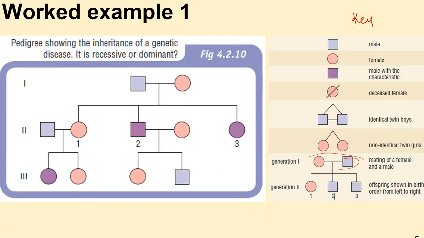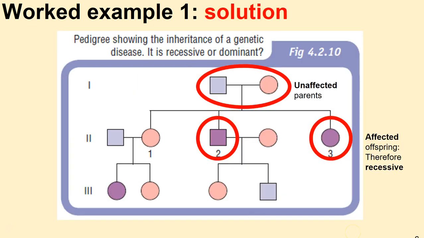If we want to figure out if it's recessive or dominant, there's a couple of stages that we follow. We can see here that the parents are unaffected, but they have two offspring that have been affected. So if the parents aren't affected, it must be recessive. The parents aren't showing the phenotype, but when they combine, the phenotype for the affected turns up.